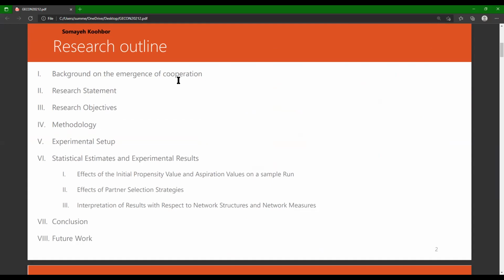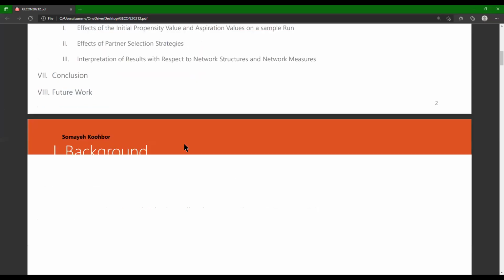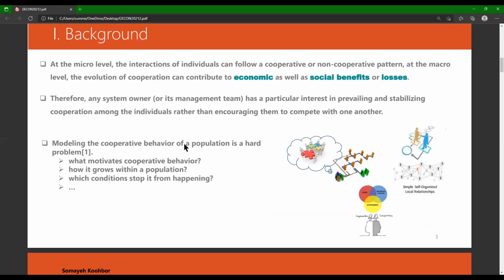Like always, there are some slides we're going to see related to our research question, the background, methodology, and experimental results.